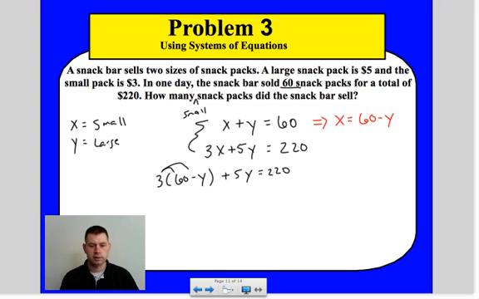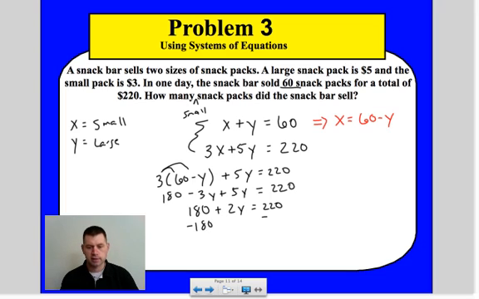Distribute the 3, and you get 180 minus 3y plus 5y equals 220. We'll combine like terms. Negative 3y and 5y makes 2y, so 180 plus 2y equals 220. We're going to subtract 180 from both sides, because now we have to solve.